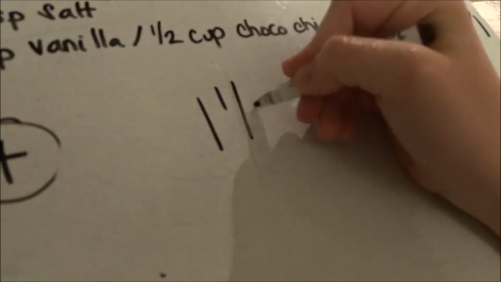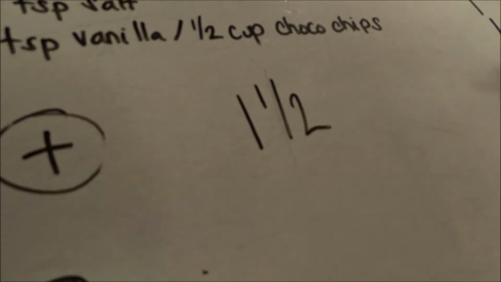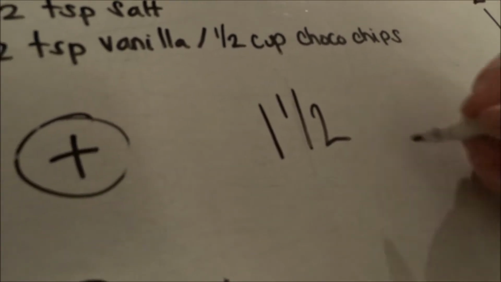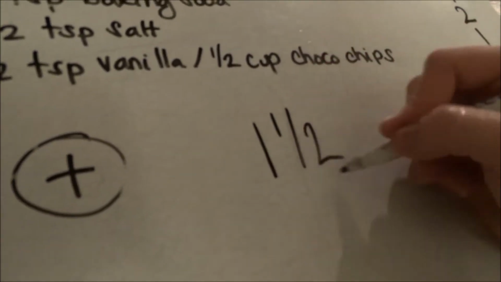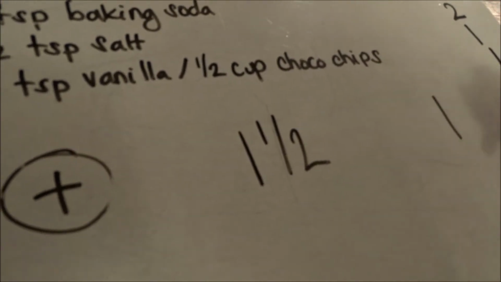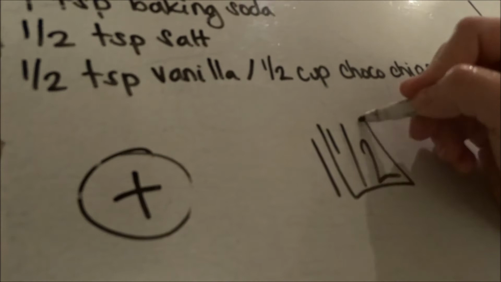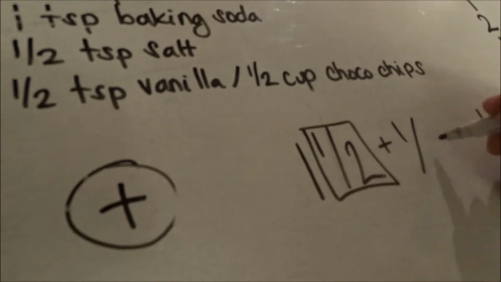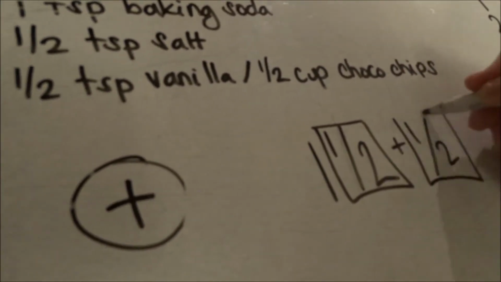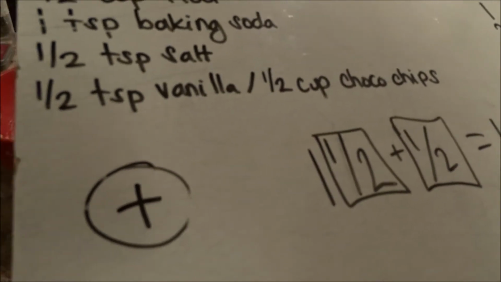We have 1.5 cups. Well, before, when we had our half cup, it was a half plus another half, which equaled 1.